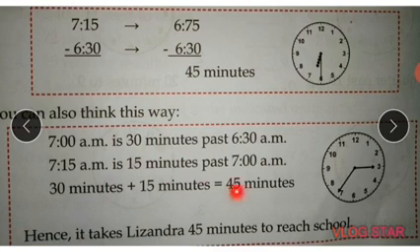So 30 plus 15 is 45 minutes. Then it takes Lisandra 45 minutes to reach the school.